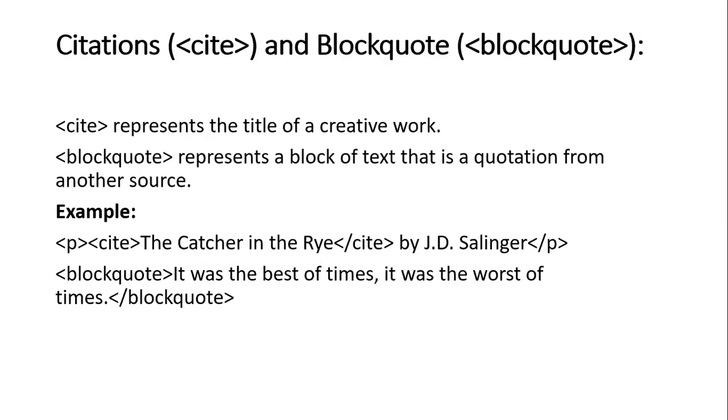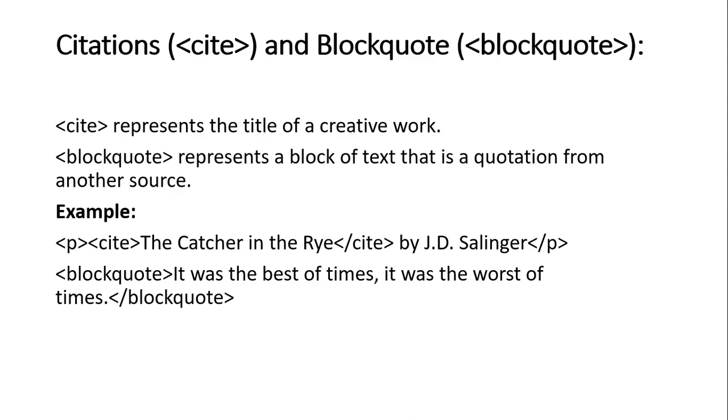And the next tags are citation and blockquote. For citation, you use the cite tag. It represents the title of a creative work. And for the block, you use the blockquote tag. It represents a block of text that is a quotation from another source. For example, I open with the paragraph tag, and inside that I open the cite tag and give the title of a book, and close with the cite tag.